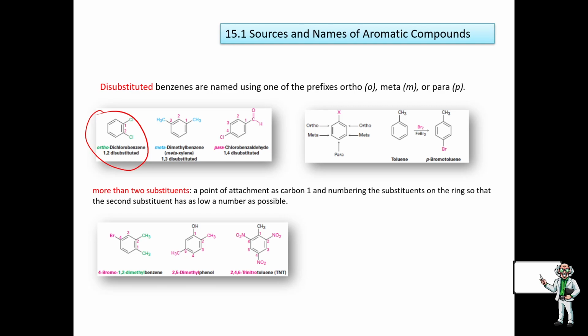But also, if we want to use an old nomenclature, we can change the 1,2-dichloro for ortho. Ortho means that we have two substituents in 1,2 position. That means this will be ortho-dichlorobenzene or 1,2-dichlorobenzene. Both are correct.